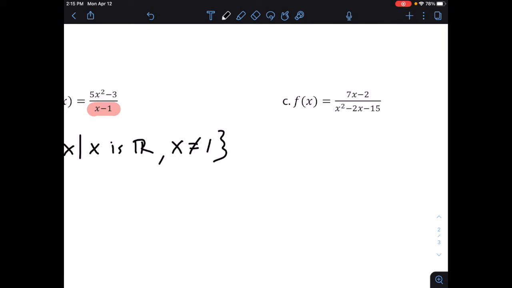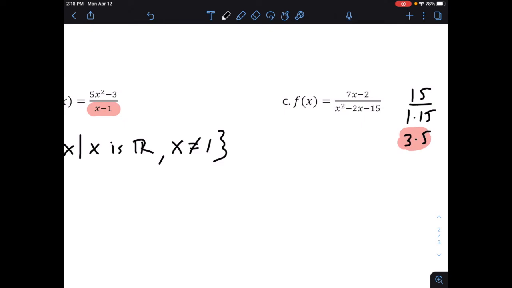If I want to factor that into two binomials, I need to look at the number 15 and ask what factors of 15 either add or subtract to -2. So I have 1 times 15 and 3 times 5. Well, the 3 times 5 is what I'm looking for because the difference between 3 and 5 is 2, but I want it to be +3 and -5.